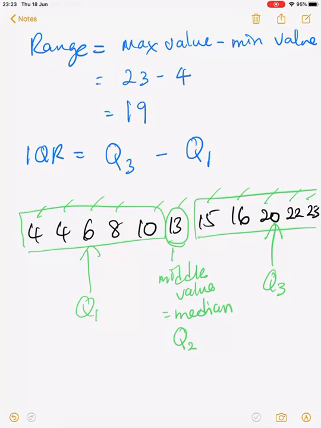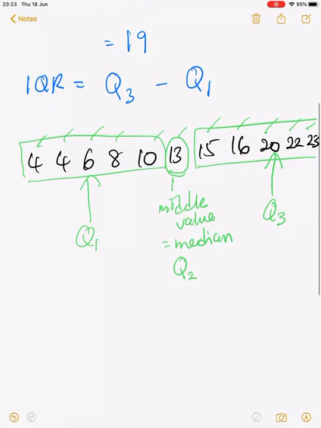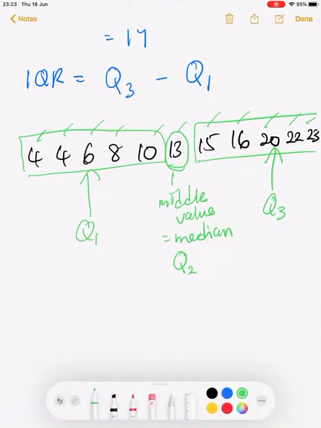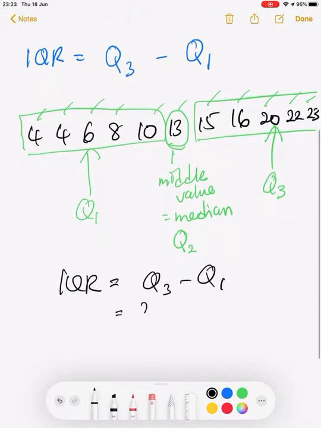Okay, so the interquartile range IQR equals Q3 minus Q1. It's 20 minus 6 equals 14.